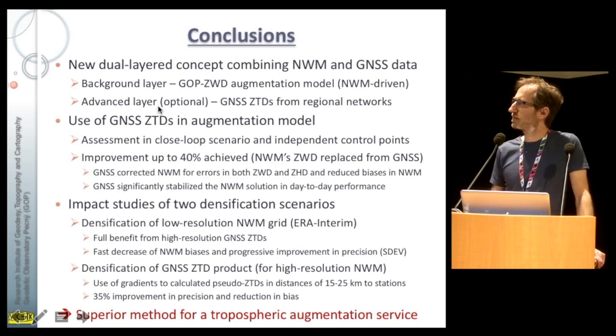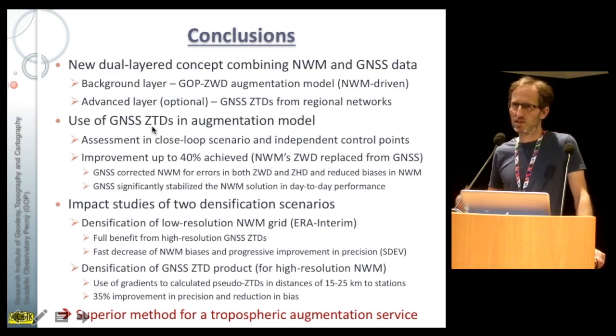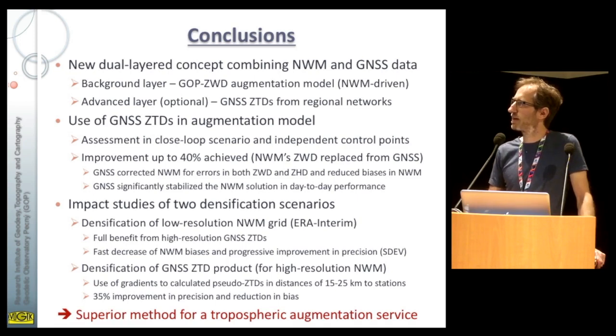Then by simply replacing the zenith delay, so the humidity component, from this GNSS, by a really sophisticated and well done procedure, with all these interpolations in temporal and spatial domain and mainly vertical scaling, we can get improvements of about 40% over the original model. So that's an advantage of this additional layer.